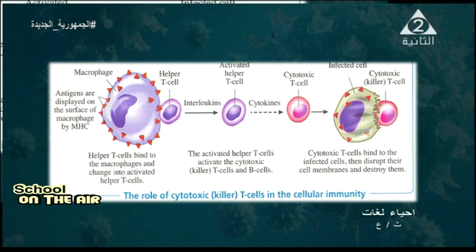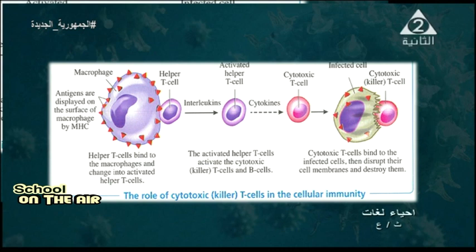This helper T cell secretes interleukin. Interleukin is a chemical substance that plays an important role in forming the antibodies. These antibodies kill the microbe and prevent the infection. Now doctors can inject the patient with interleukin to overcome the infection by the microbe.